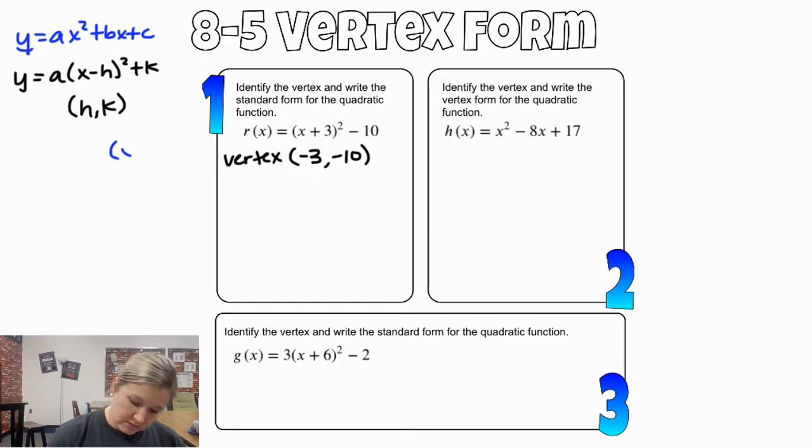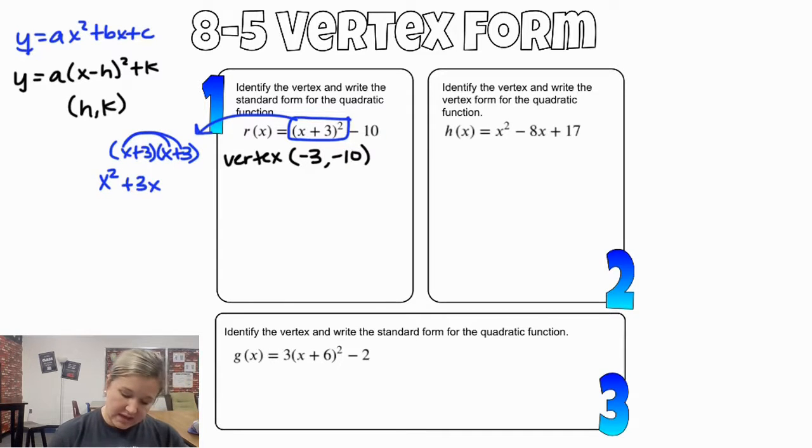I have x plus 3 times x plus 3. First, x times x, which is x squared. Outside, x times 3, which is 3x. Inside, which is 3x. And the last, 3 times 3, which is 9. And this makes 6x.